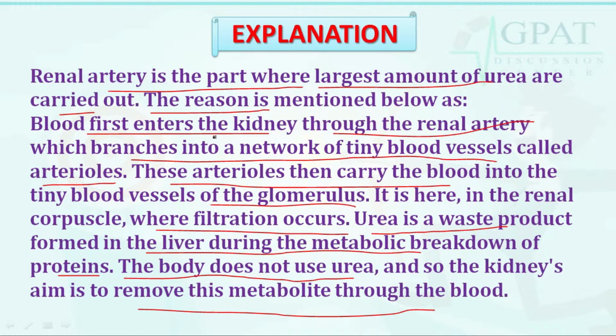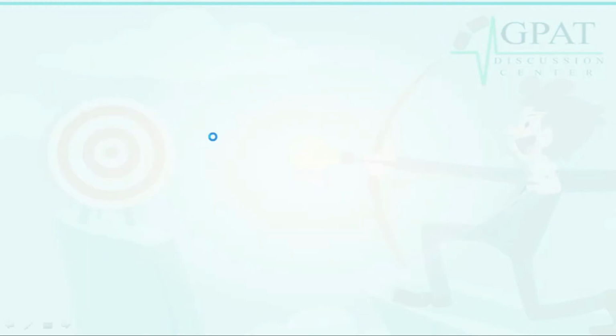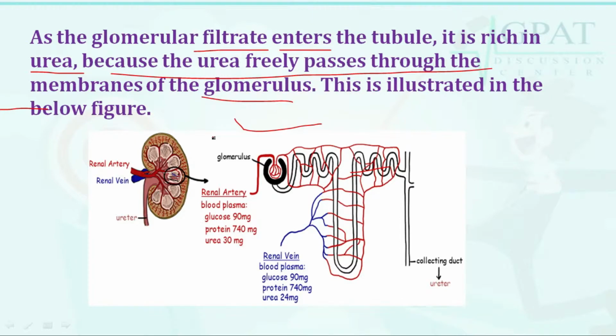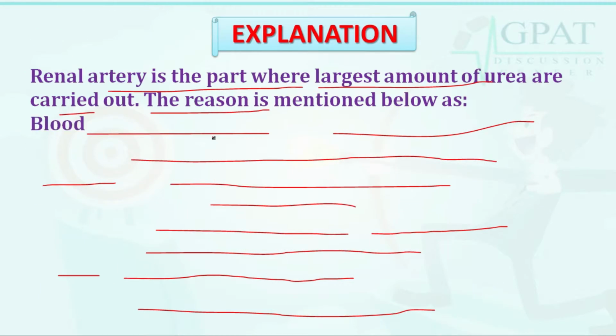In the renal corpuscles where filtration occurs, urea is a waste product formed in the liver during the metabolic breakdown of proteins, and the body does not use urea, so the kidney aims to remove this metabolite through the blood.